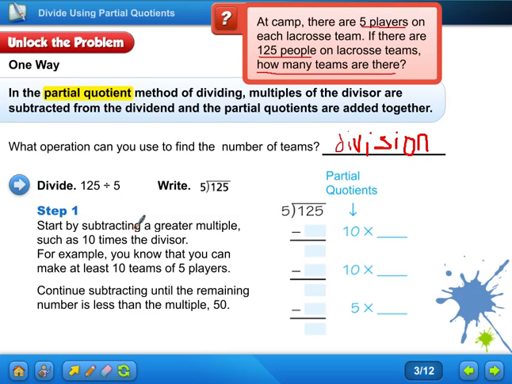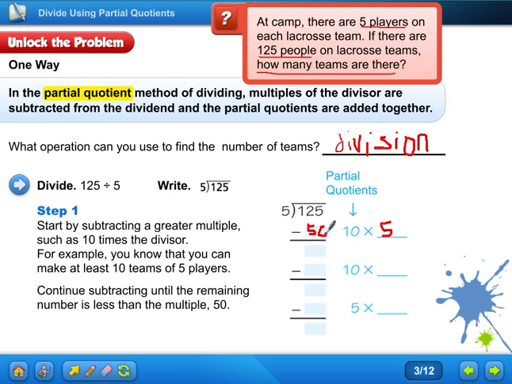So start by subtracting the greater multiple, such as 10 times the divisor. Remember, this is the divisor right here. For example, you know that you can make at least 10 teams of 5 players. So we're going to think 10 times 5, and what does that equal? 10 times 5 is 50.